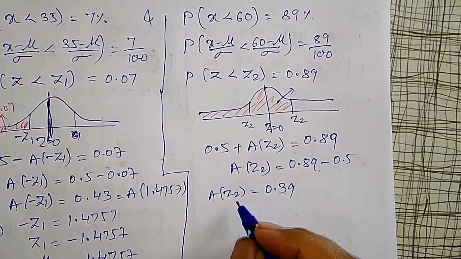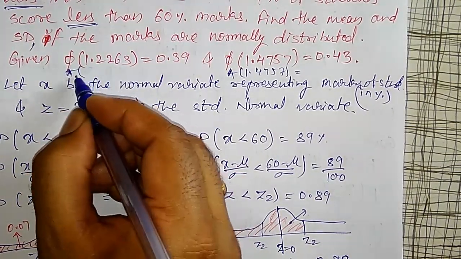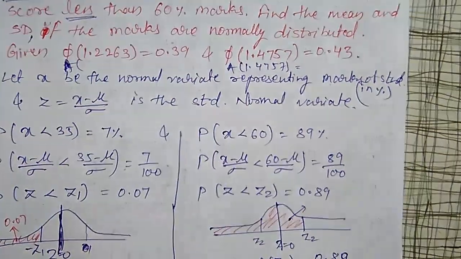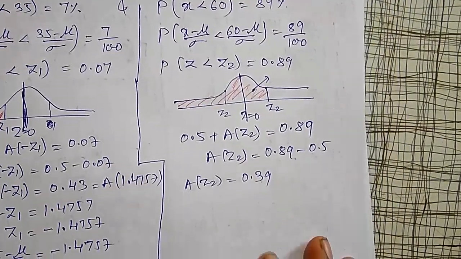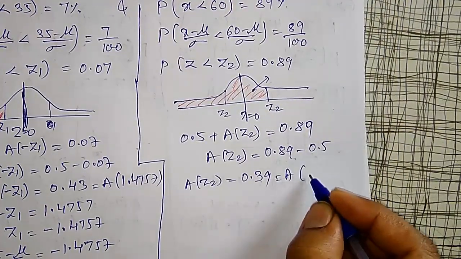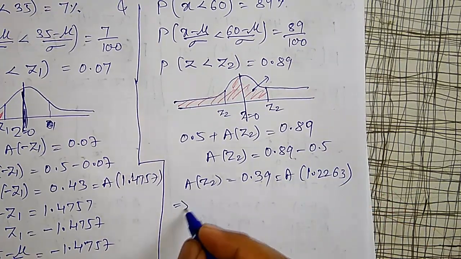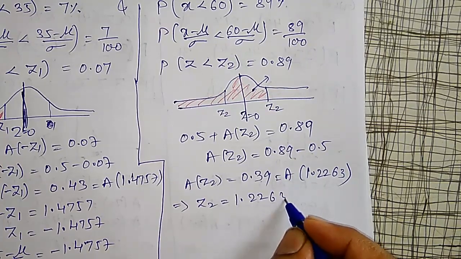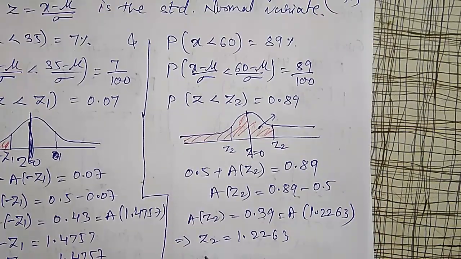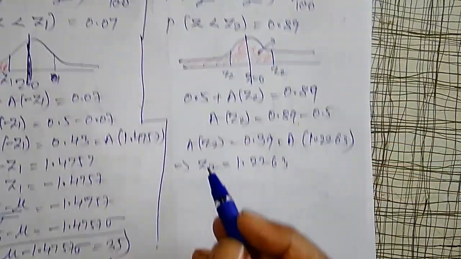For which value of z2 does it become 0.39? It is given in the problem itself. Phi of, that is A of, or phi of are one and the same, equal to 0.39. Therefore, I will write here A of 1.2263, which implies z2 must be equal to 1.2263. But z2 is what I have chosen, nothing but (60 minus mu) divided by sigma.